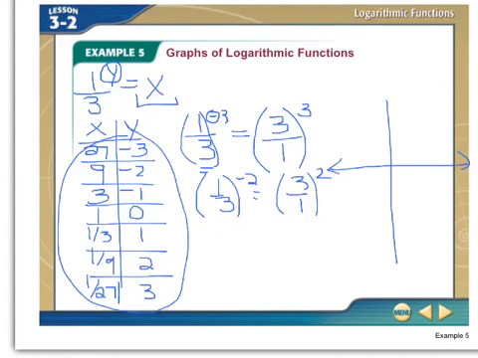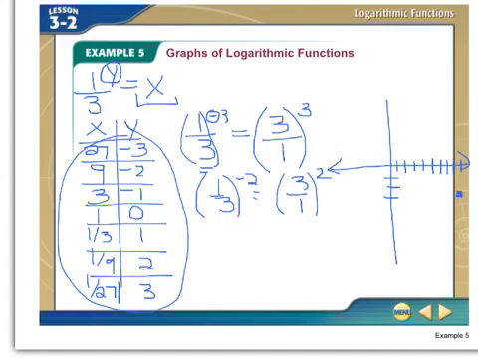So all the way out at 27, counting 3, 6, 9, 12, 15, 18, 21, 24, 27. At 27 we would be at -3. And at 9 we'd be at -2.